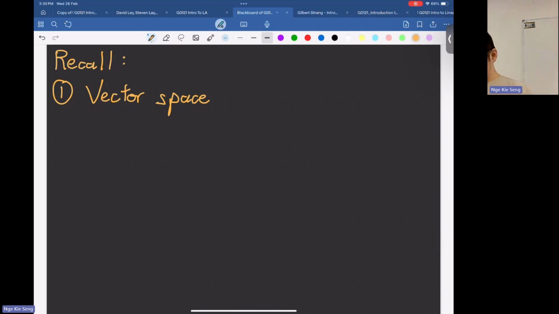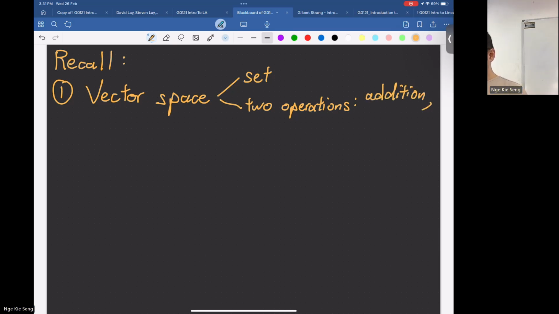So what's a vector space? First of all, it is a set. A set comes with elements. And then there are two operations. One is addition. You know how to add two things together. The other is called scalar multiplication. There's a very good reason why we don't just call it multiplication.